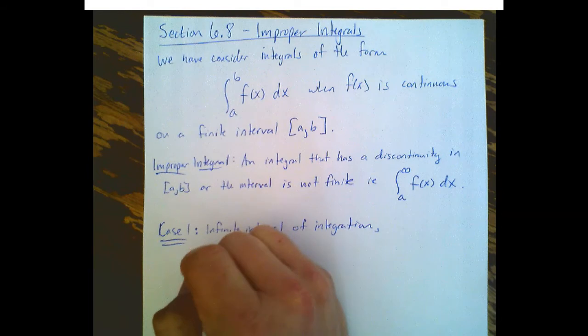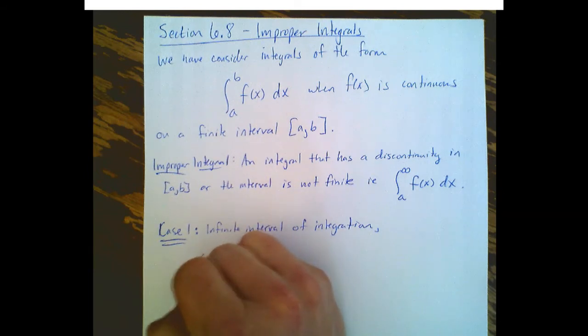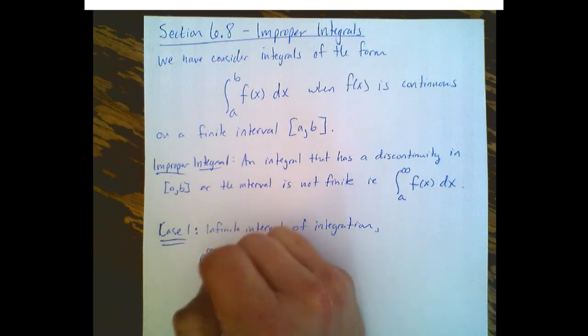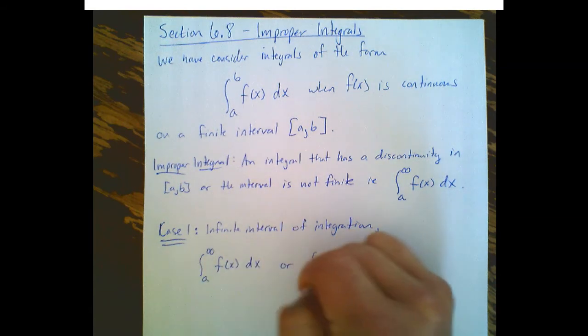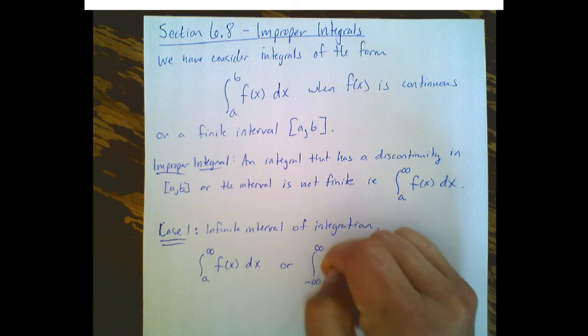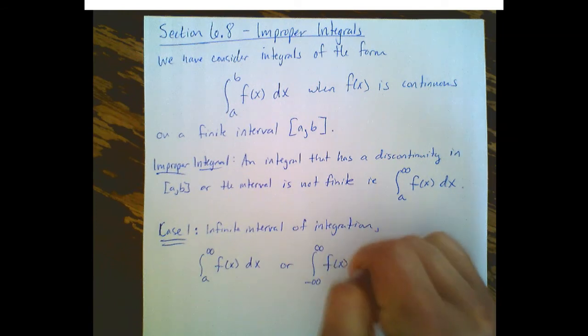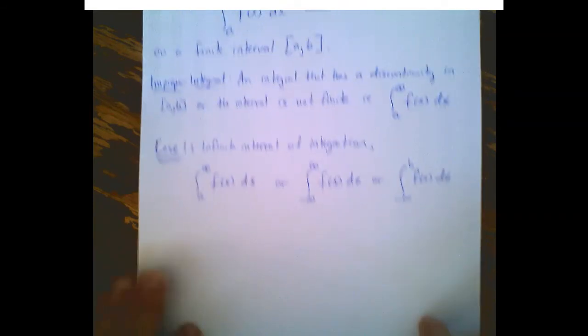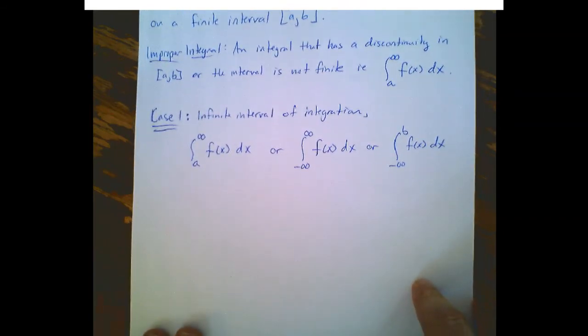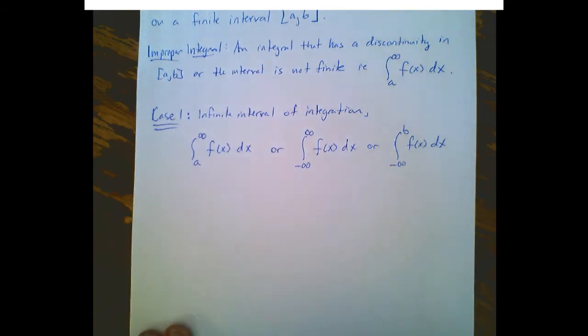That is, we're looking at the integral from a to infinity of f of x dx, or the integral from negative infinity to infinity of f of x dx, or the integral from negative infinity to b of f of x dx. So the interval on which we are integrating is infinite.